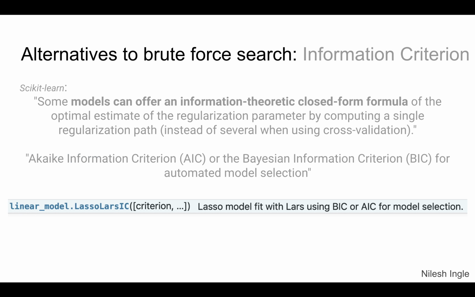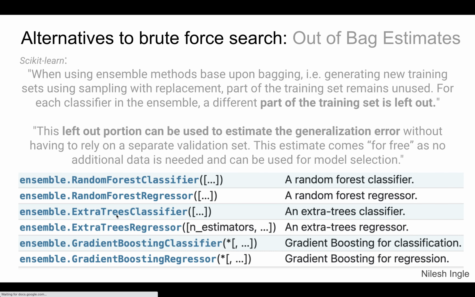And additionally, to check the model fit, there are two more criteria, which are Akaike information criterion, AIC, and Bayesian information criterion, BIC. Those could be used for model selection. And this example shows LassoLarsIC. Out-of-bag estimates is another useful way to get the most out of the data.